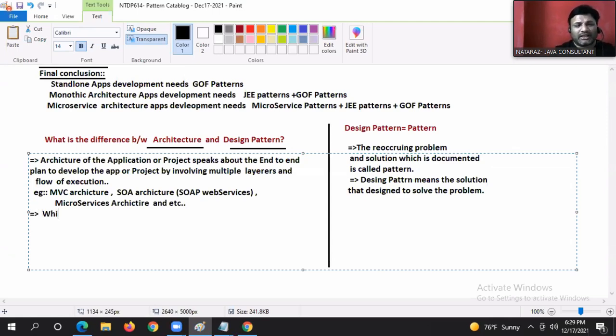Next, while developing the logic of each layer in any architecture based application, we get multiple recurring problems.